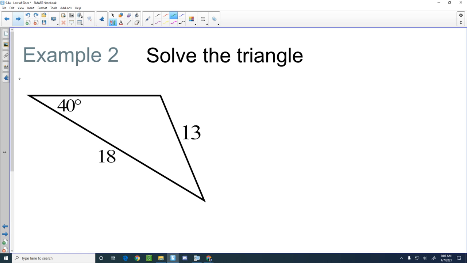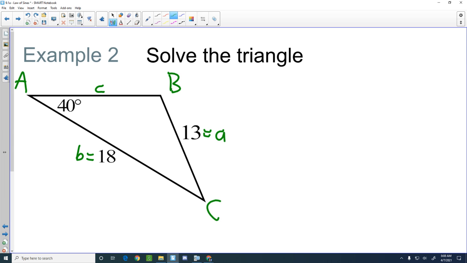So I'm guessing maybe most of you did something like this, just alphabetically A, B, and C. If you didn't, that's fine. Don't worry. And then I'm going to go ahead and label the parts across from each of these. So this 18 will be my B, and the 13 will be my A, and C is this unknown.